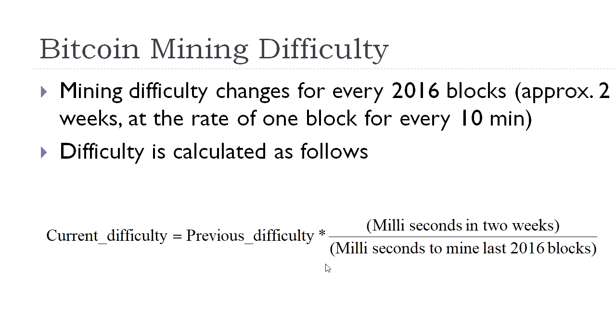So obviously this will become a big figure. This is a very big figure now, right? You look at it from first difficulty 1, and all of a sudden it was raised like anything. Based upon this difficulty level, the nonce complexity, or the puzzle complexity, increases.